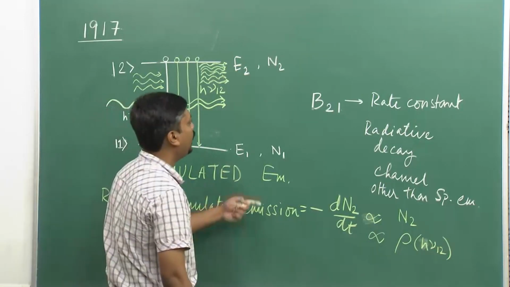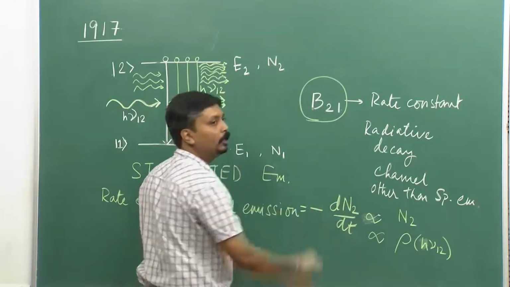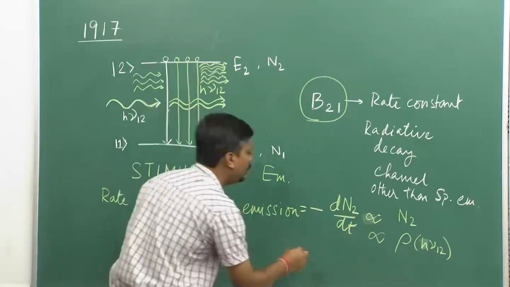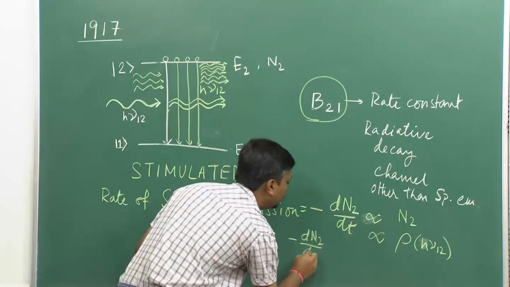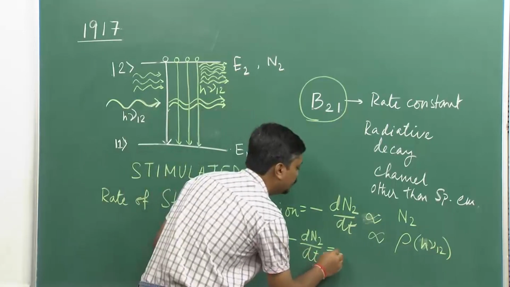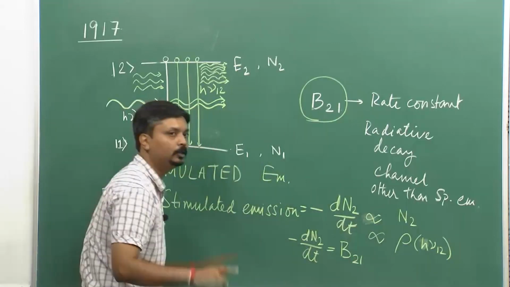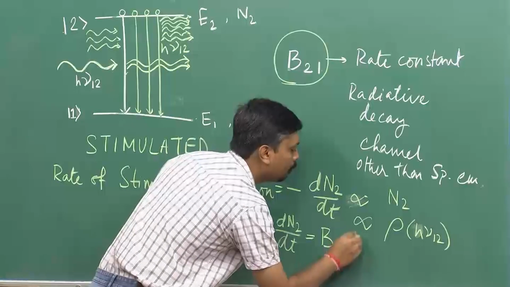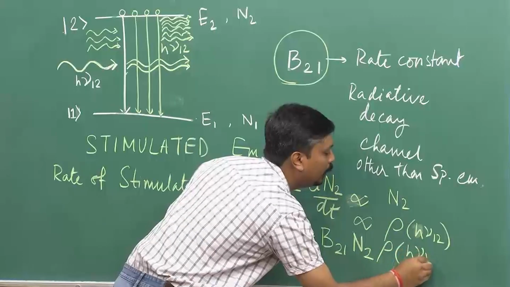And we have already mentioned this is the rate constant. So minus dN2 by dt for stimulated emission is equal to the rate constant B21. Again you notice it is 2 to 1, followed by N2 multiplied by rho nu 12.